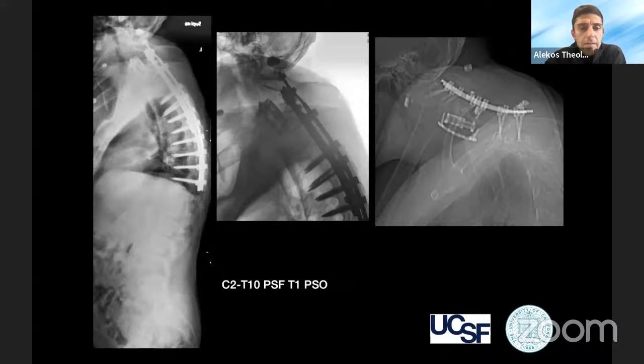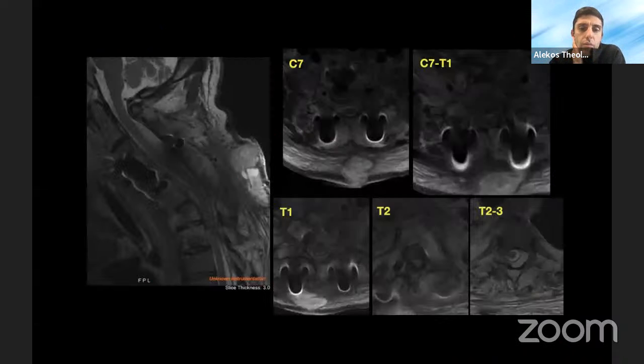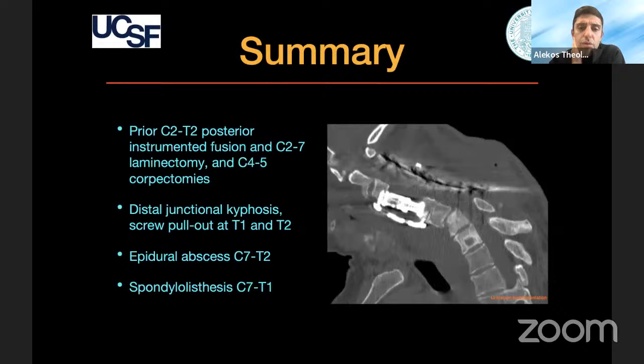Similar to the last case by Dr. Bourbon, we didn't cement that LIV because of the current infection. And then this patient had flattening of the subaxial spine, hence the combined deformity. So that's why we couldn't pull his head back all the way.